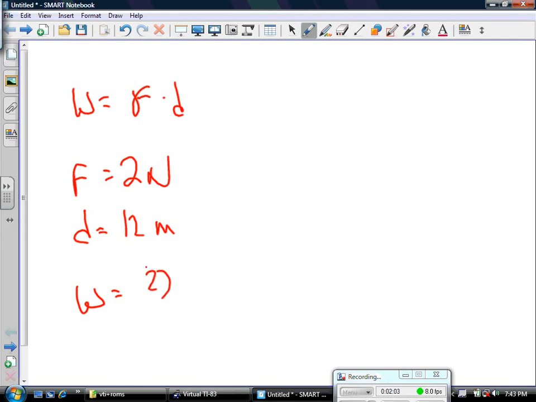It's 2 newtons times 12 meters, which is 24 what? What are the units now? Newton meters, right? So that's Newton meters, okay? That's how it works in the metric system, not in the English system.